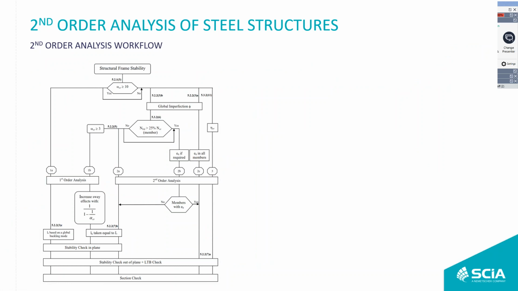And this is a graph that gives you an overview of all the different ways you can analyze a steel structure. The first one is just doing a linear calculation. You don't care about alpha. In fact, you should care, but here we say, I assume it's bigger than 10, so I'll just do first order analysis, and I will do the buckling check and everything else.